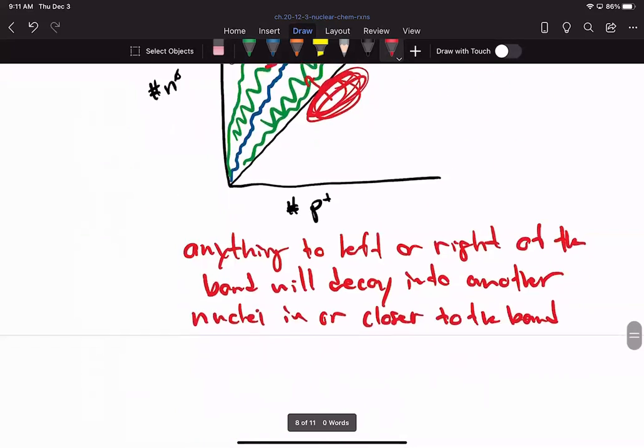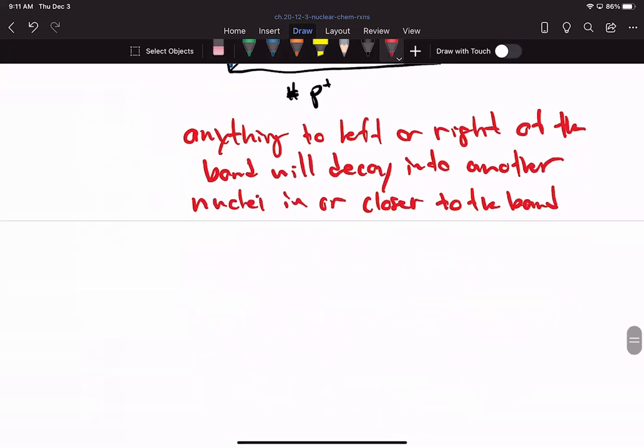And I want to mention here that you might hear the term magic numbers. So magic numbers, these are very stable isotopes, right? And there's no decay with them.